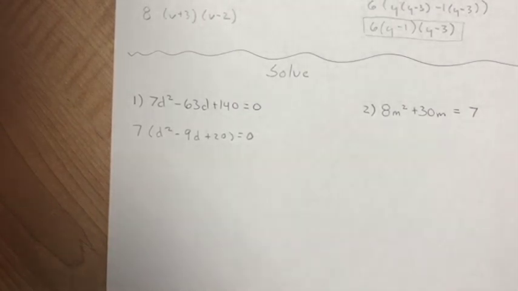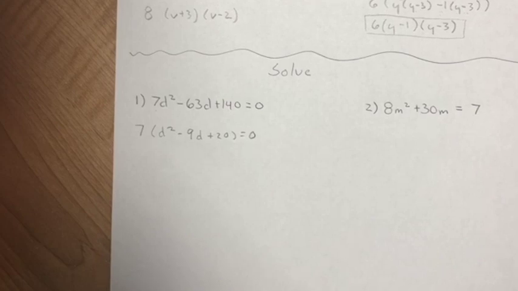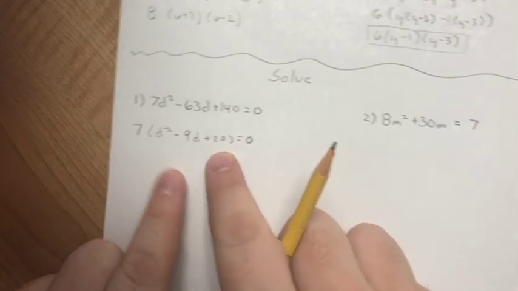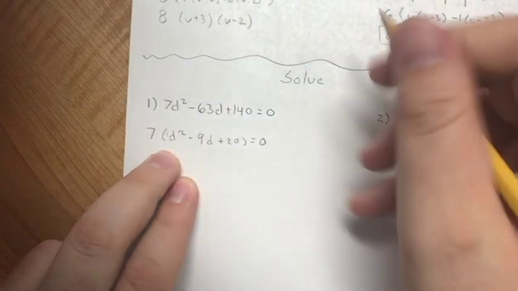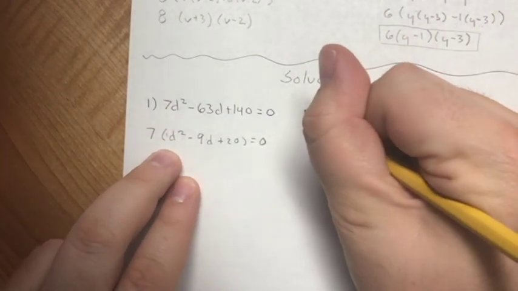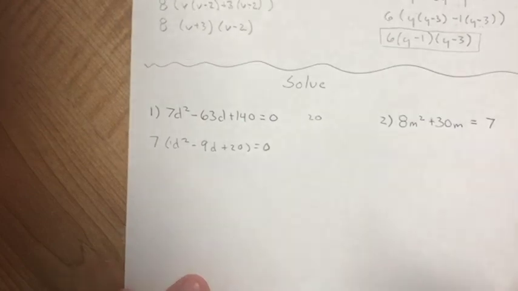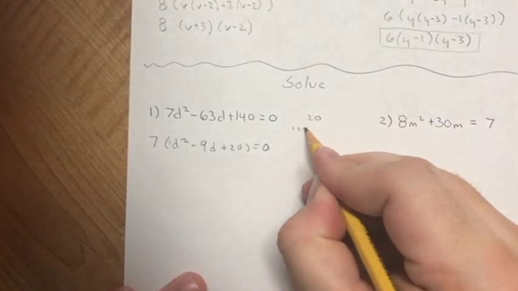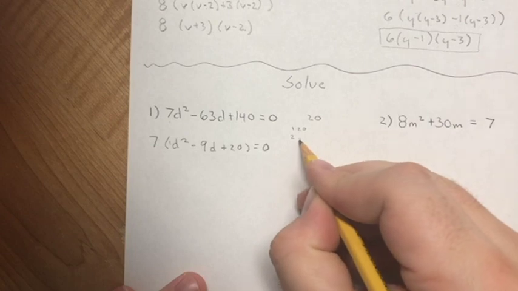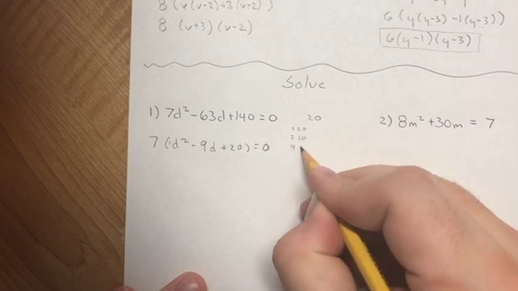Now let's see. My next step is to multiply my a and my c. So this is technically a 1, so my ac would be 20. I need to find all possible factors. I can do 1 and 20, 2 and 10, 4 and 5.